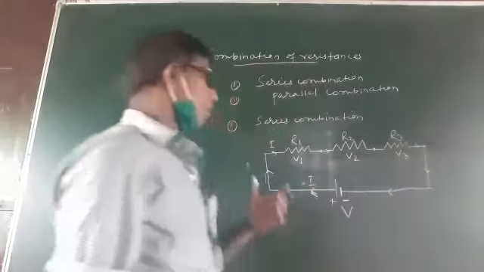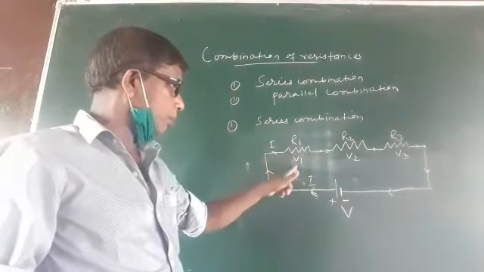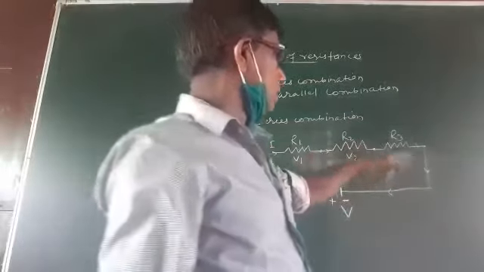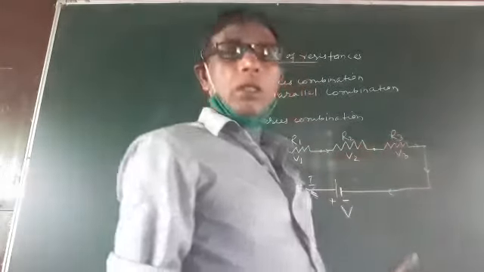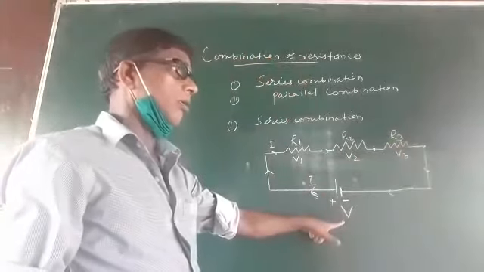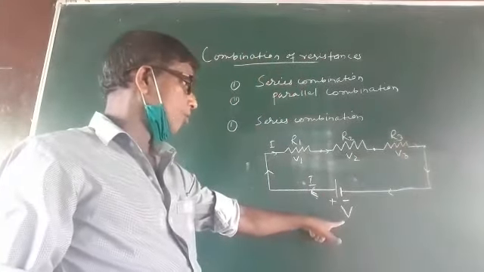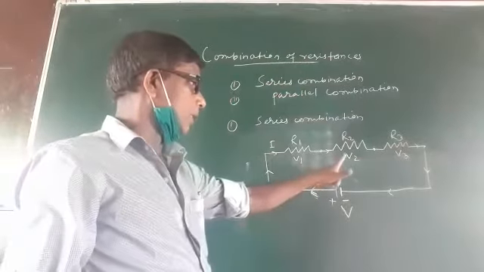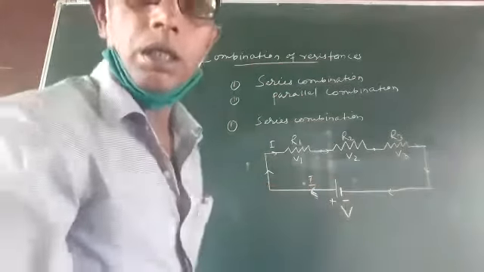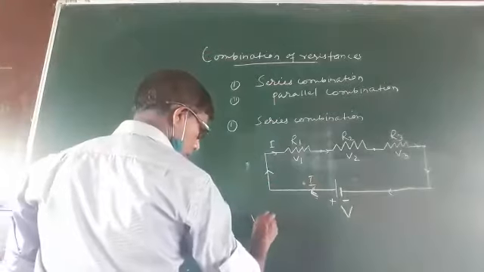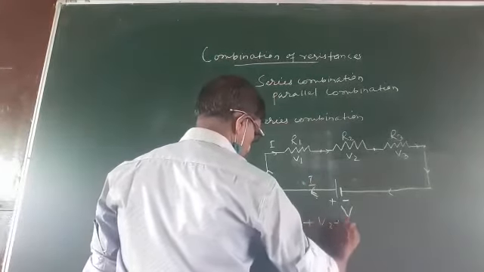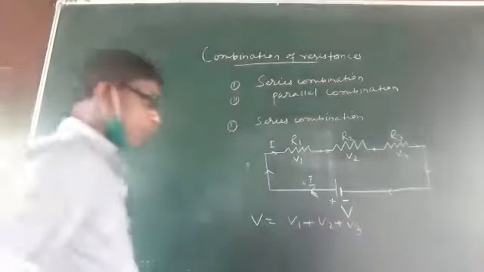This means the potential difference of R1 is V1, of R2 is V2 and of R3 is V3. Total supply is V. So V equals V1 plus V2 plus V3.